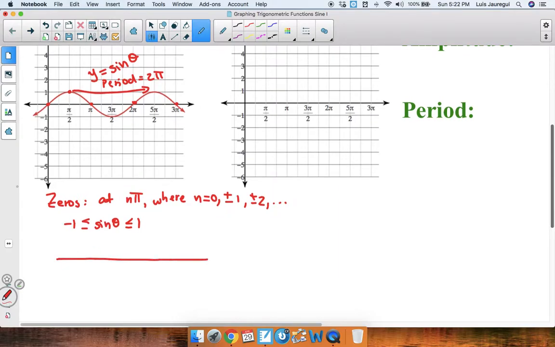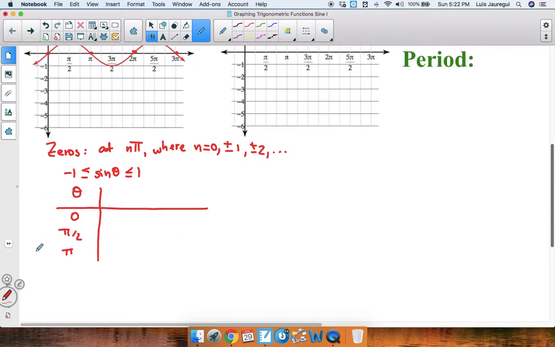So let's pull out some of the key values between 0 and 2 pi for theta. So we have theta could be 0, pi over 2, pi, 3 pi over 2, and 2 pi. Then we can talk about the output values, the y equals sine of theta.